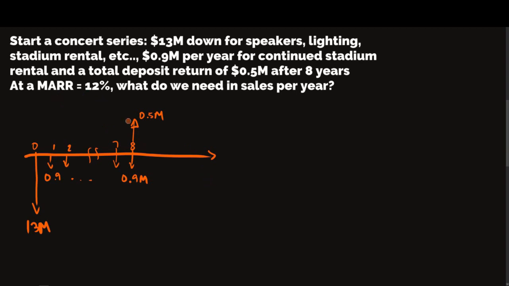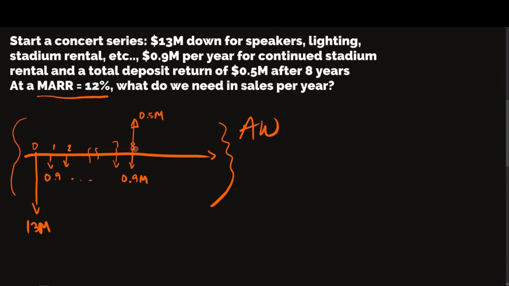So at a MAR of 12%, what do we need in sales per year? This is representing all of our costs, the money I'm going to put out. If my MAR is 12%, I'm calculating these at 12%. So if I find the annual worth equivalent of these, that tells me how much I need to make in sales at 12%.